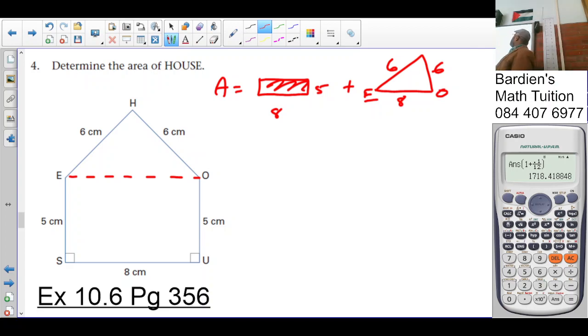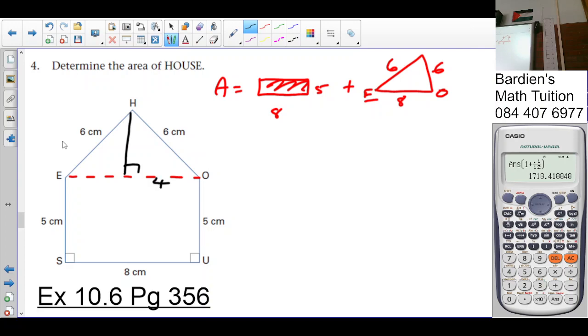There's one of two ways that I could have done this. I could have constructed this line here, perpendicular. Since it's an equilateral triangle, I know this would have been 4.